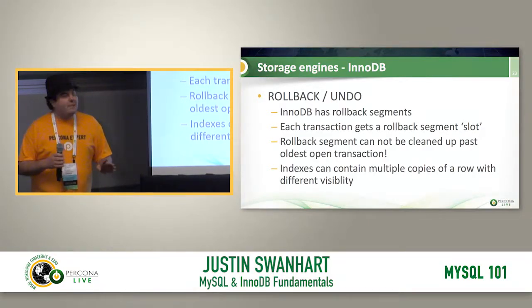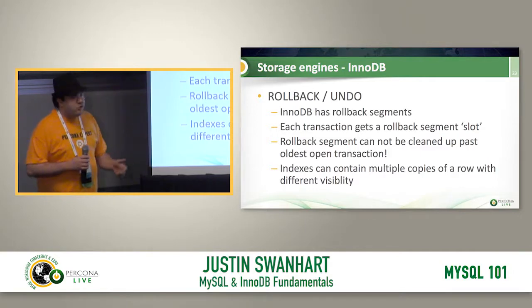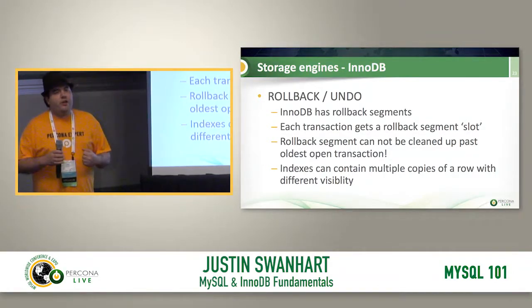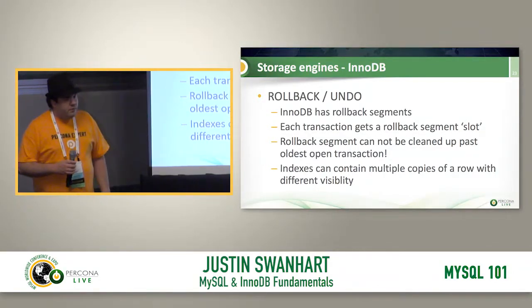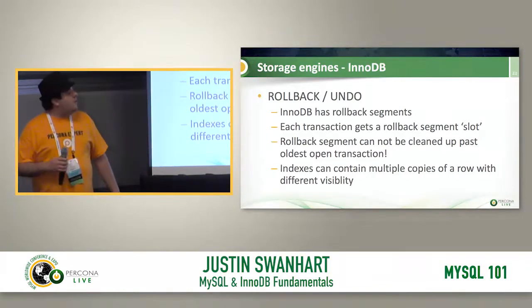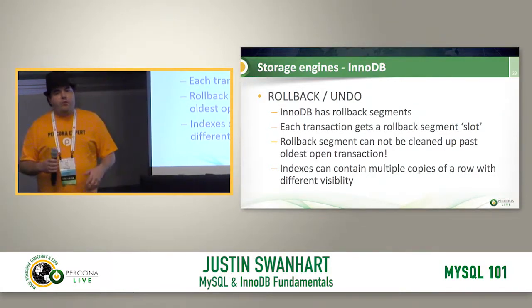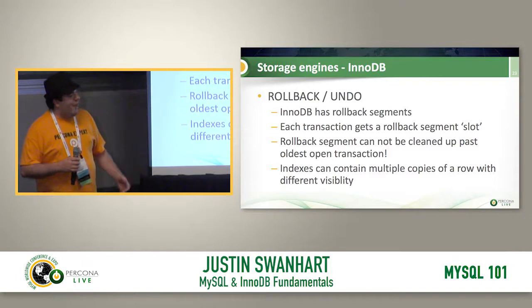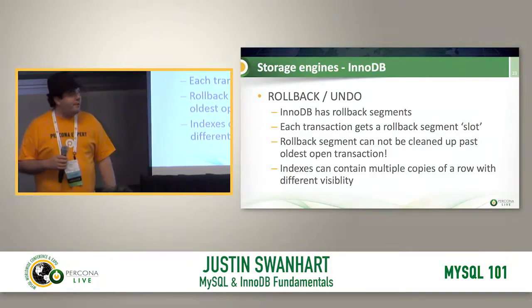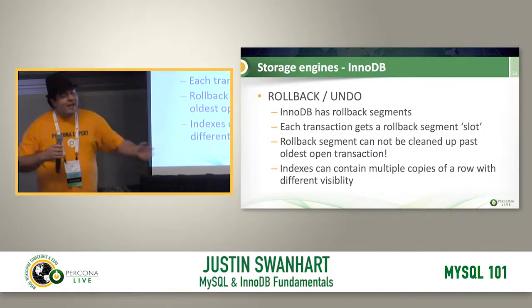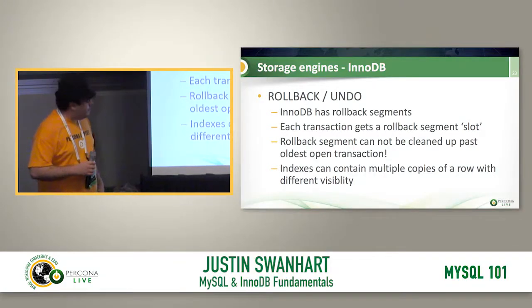So their rollback segments grew to 175 gigs. And they never shrink. So this is not good. They're stored in the central tablespace unless you configure external undo segments in 5.6, and you can't do that after you've created your database. So most people have these rollback segments in the central tablespace, and once it grows, it can't shrink. So you don't want that to happen.